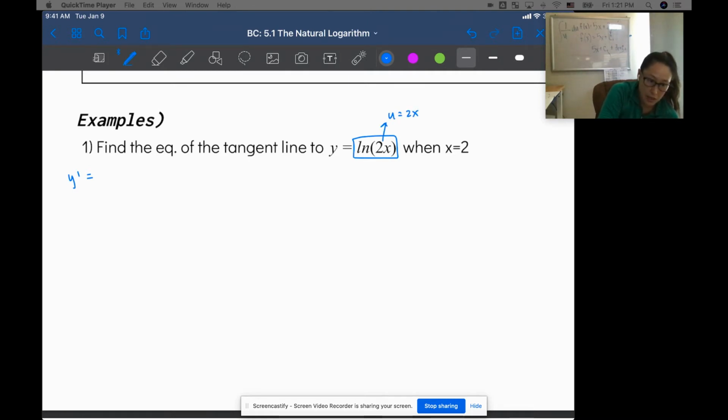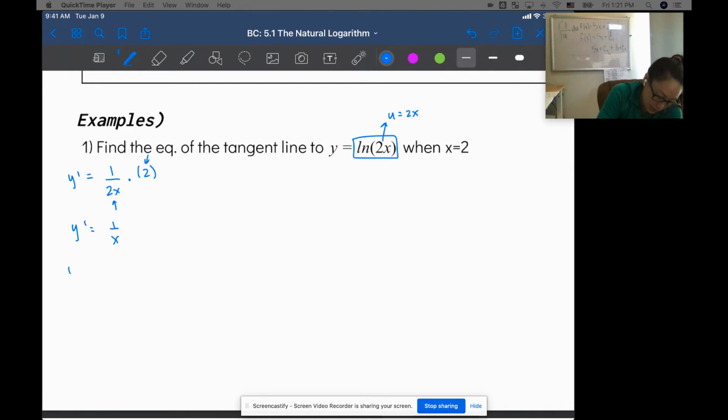So the derivative of ln u is 1 over u. So it's 1 over 2x times the derivative of the inside, which was 2. So this is our du dx, and this is our 1 over u.